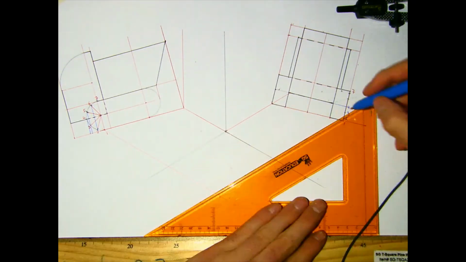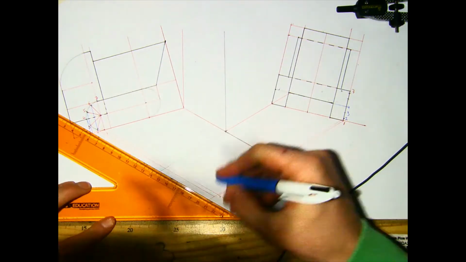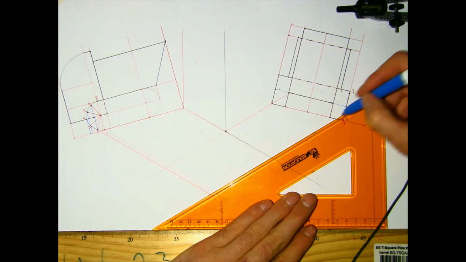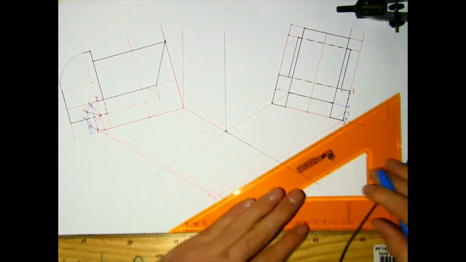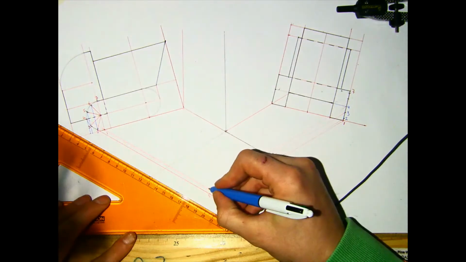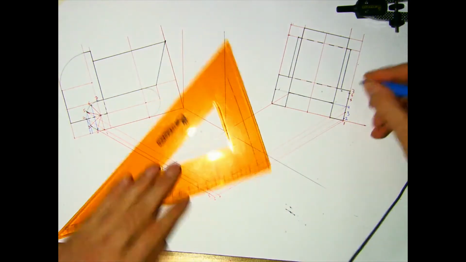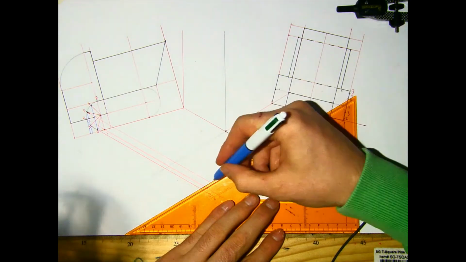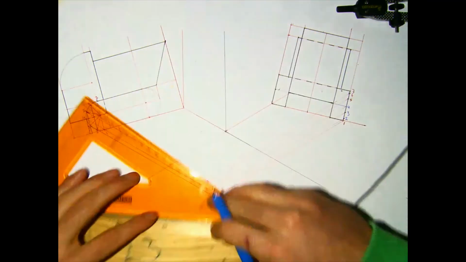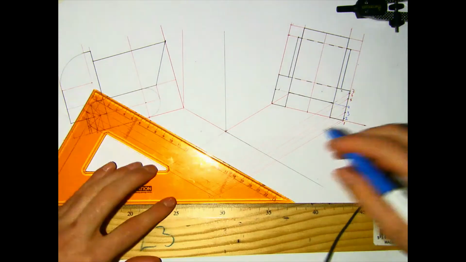So there's number 1, 2, and then number 7 is the last one here. Project it down.